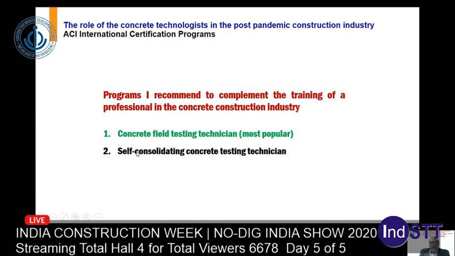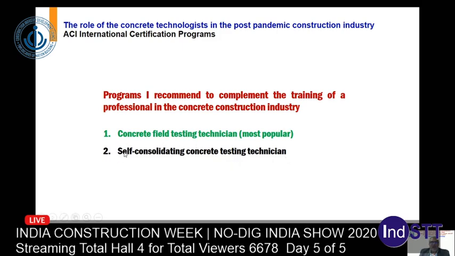So it's very important to be aware of the influence of the high flowability in the pouring of concrete and the stability of concrete to avoid segregation.